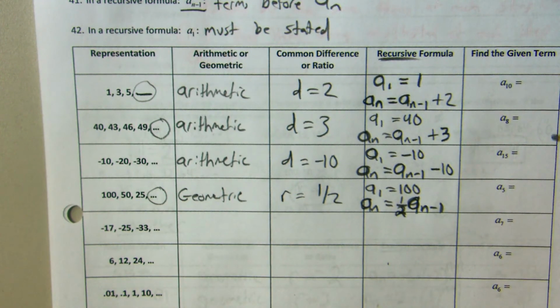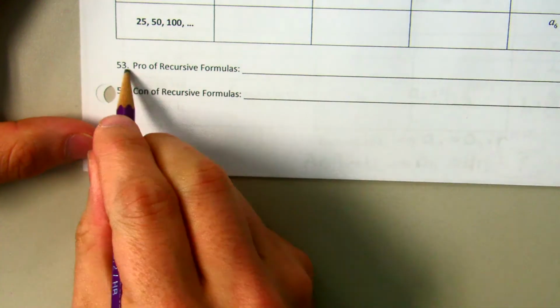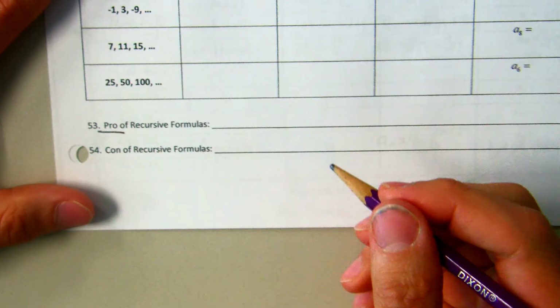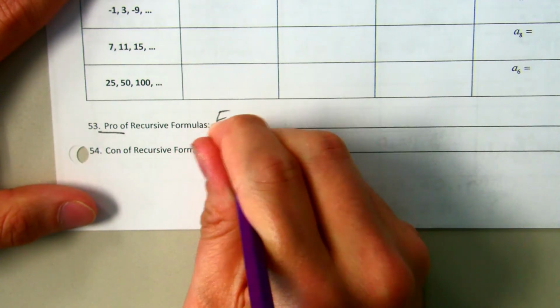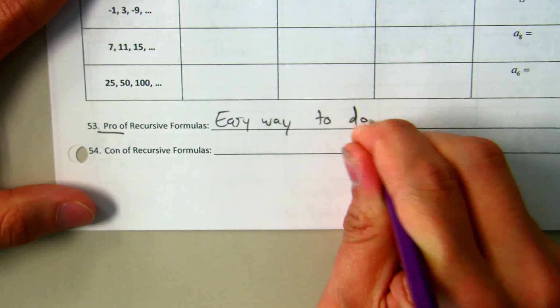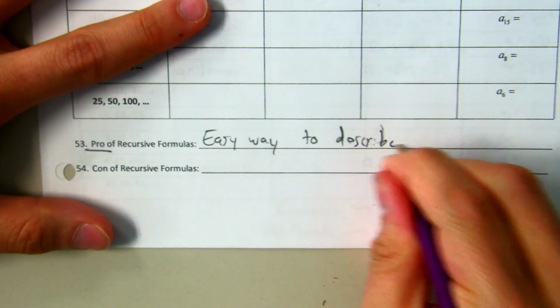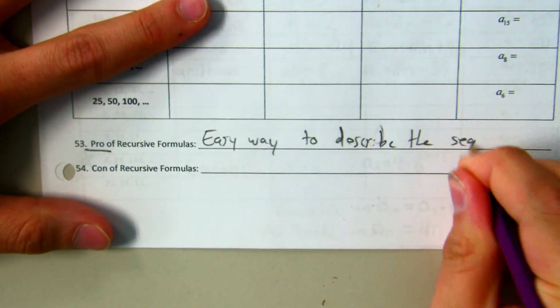Before I have you practice this, let's talk about what's good and bad about this. What's good for most people is most people think that's an easy way to describe the sequence.